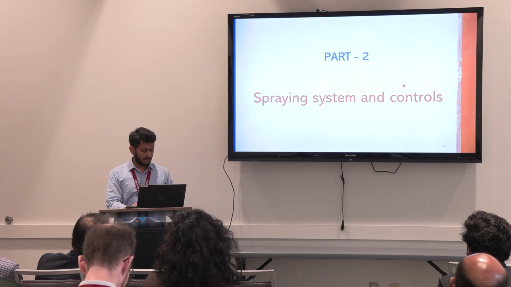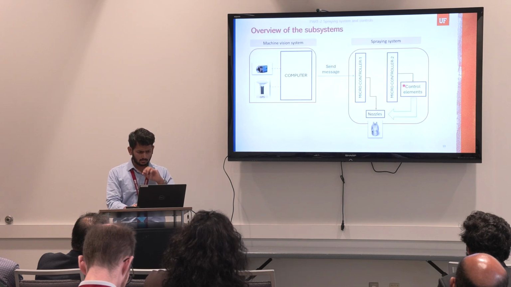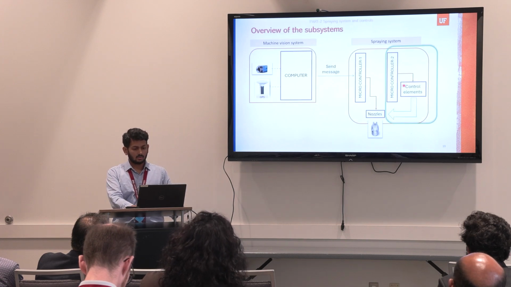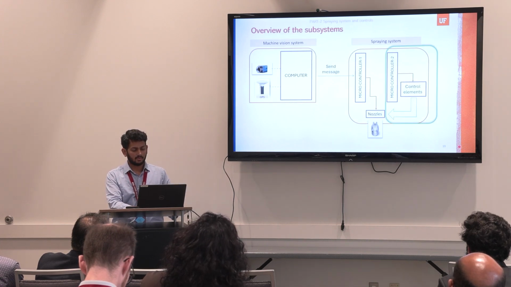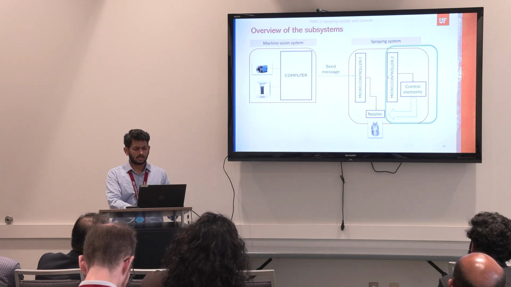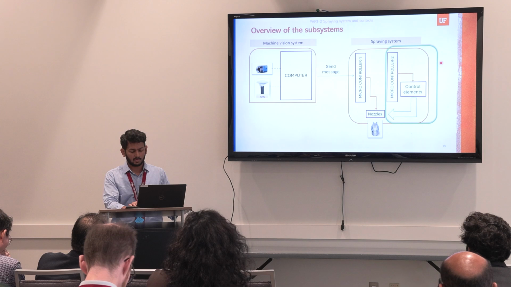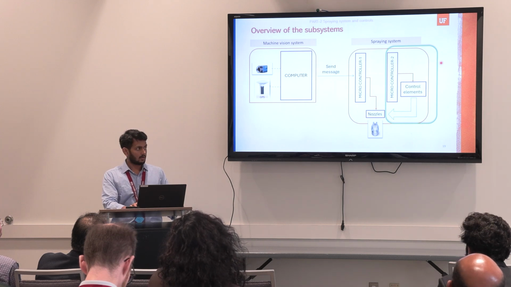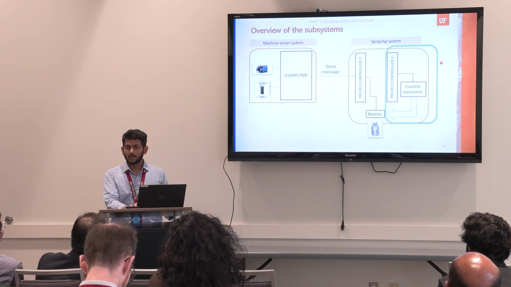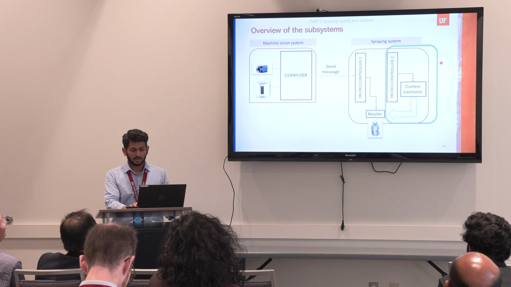Now let's move on to the spraying system and controls. In the previous figure I told you about the subsystems. Now we are going to talk a little bit about the part where we are controlling the control element to maintain the set pressure.